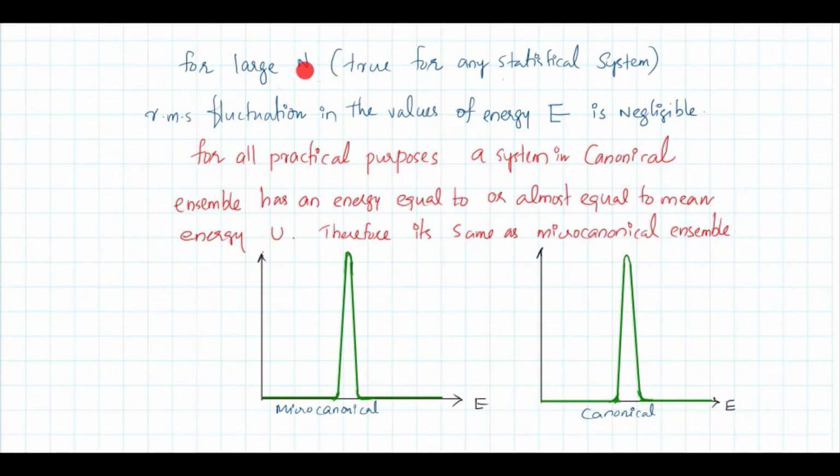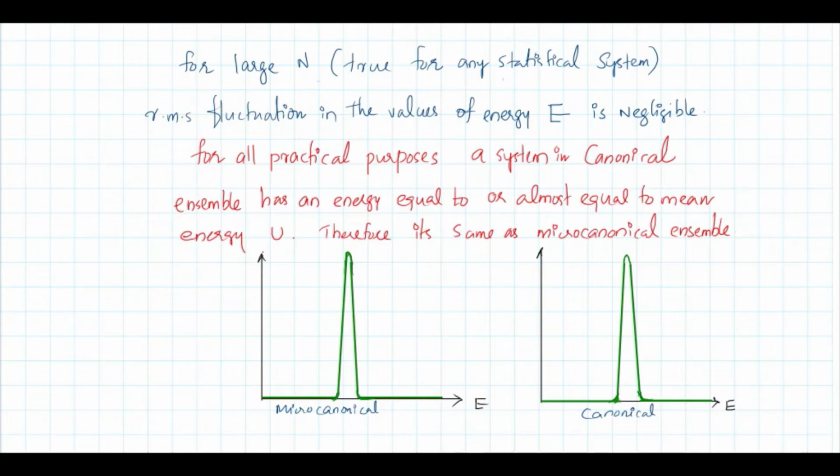So for that high value of n, the relative RMS fluctuation in the value of energy E is negligible. So for all practical purposes, a system in canonical ensemble has an energy equal to or almost equal to mean energy U. Relative RMS fluctuation around the mean value is very small.